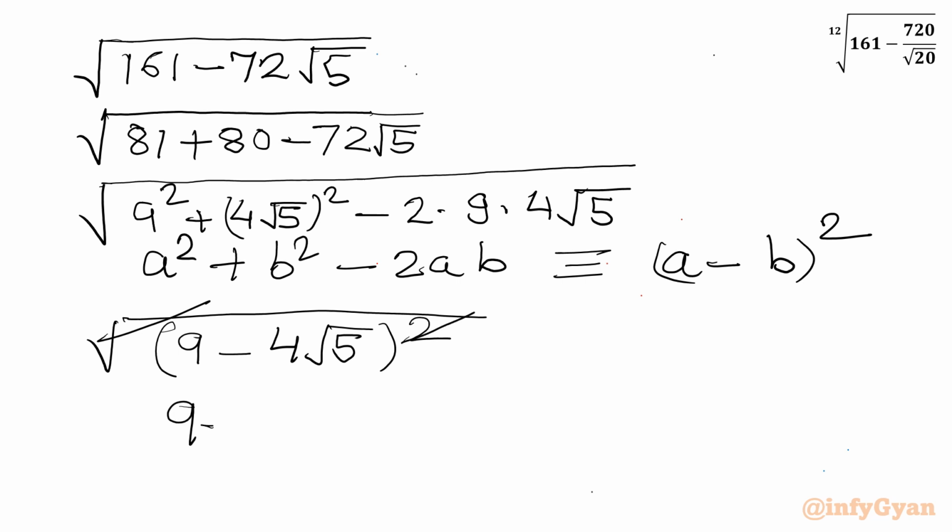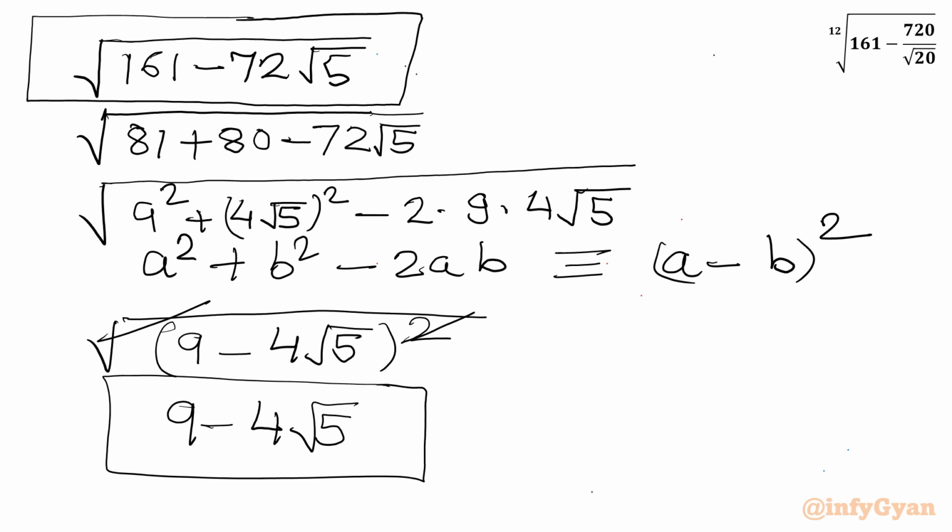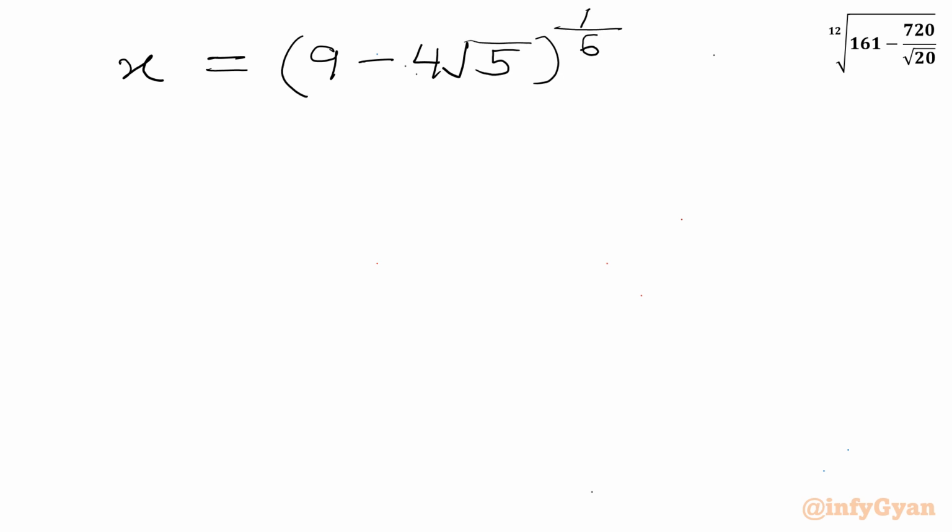So we have 9 minus 4 square root 5. And we will replace square root 161 minus 72 square root 5 with this value. Let us replace. So x will become 9 minus 4 square root 5 whole power 1 over 6.